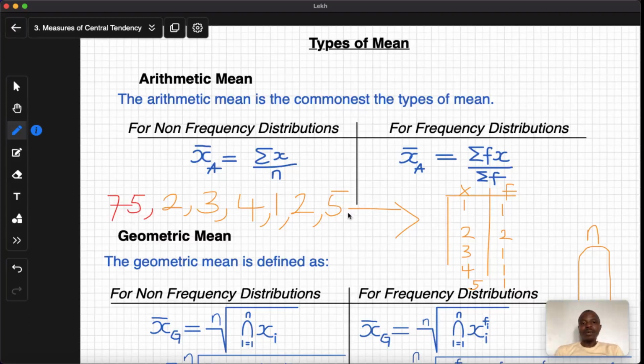One such case can be where you have something like 0.0009, or even something like negative 500. Looking at that, these observations are very small compared to what you have here. They are too small. So sometimes you can have extreme observations.